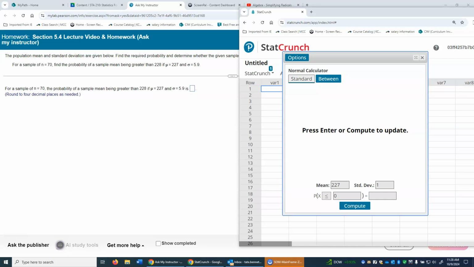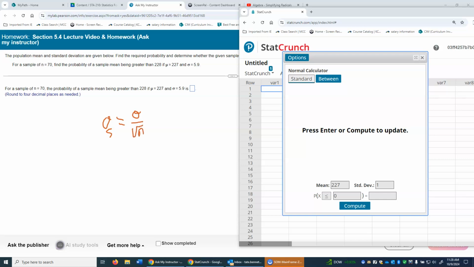It says that the sample standard deviation, I'll just put an S here for sample, equals the population standard deviation divided by the square root of n.